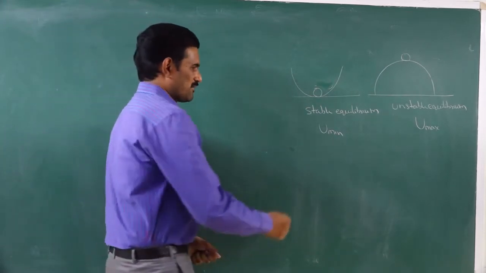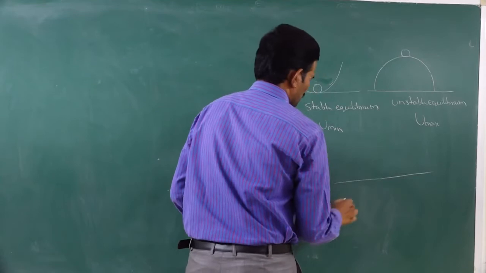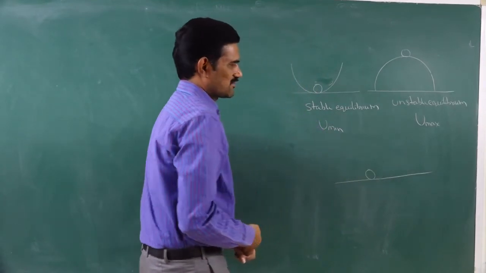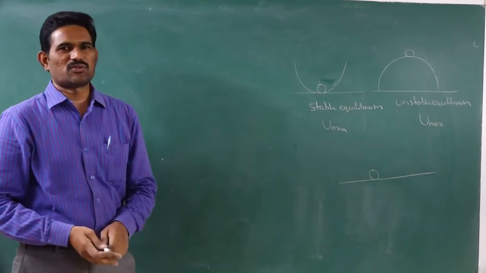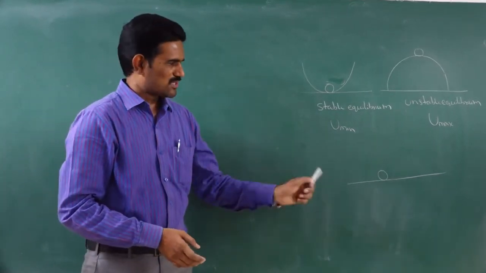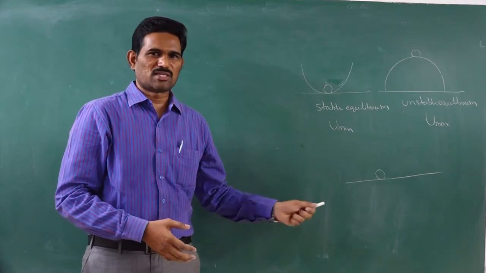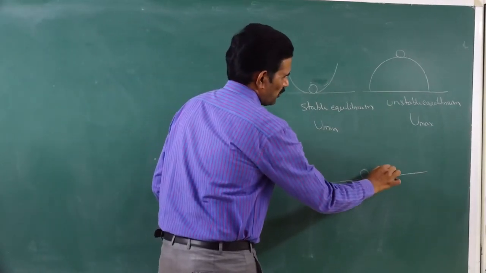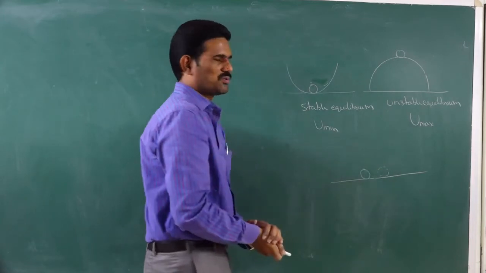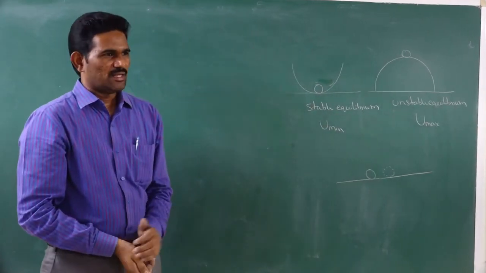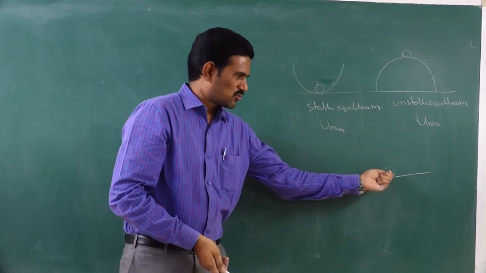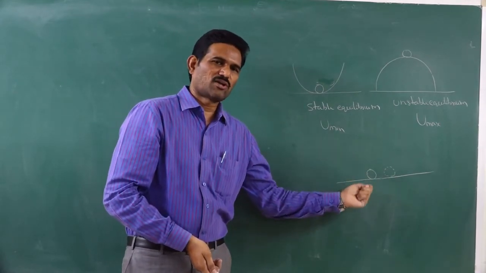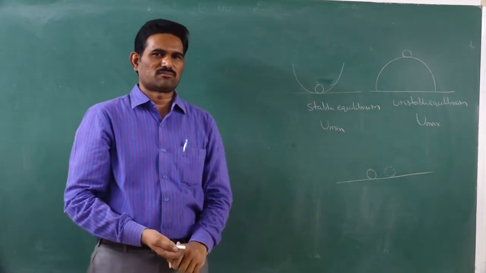And there is another, neutral equilibrium. You can identify it easily. Suppose the same ball is placed on a horizontal surface. Now we can say that the ball is in equilibrium. If we displace the ball slightly to the right, for example, is there any tendency for the ball either to move back to the initial position or to move away from it?